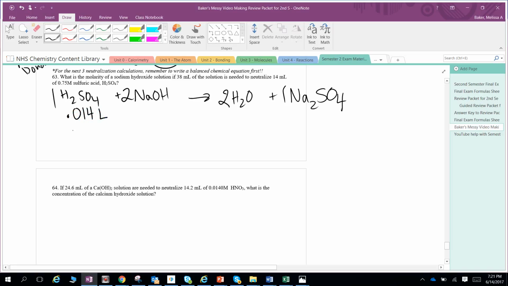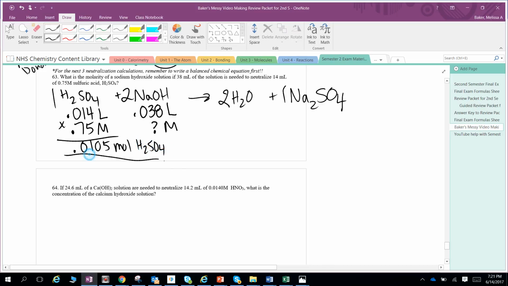0.014 liters of a 0.75 molar acid. And the base this was neutralized with 0.038 liters of a question mark molarity base. So first step, molarity times liters, we needed 0.0105 moles of sulfuric acid to neutralize this base.